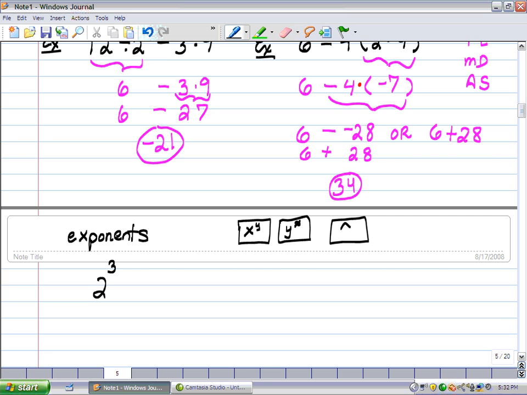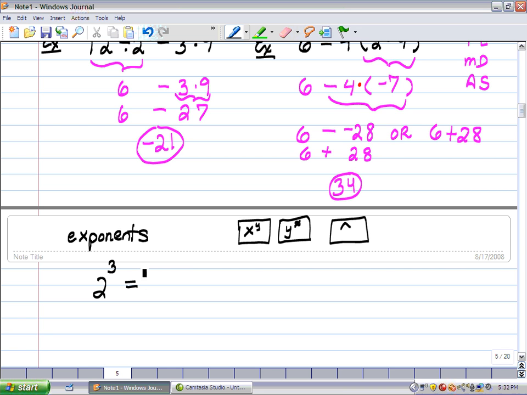So you'll probably have one of those 3 buttons. If you have a scientific calculator, you probably have one of the first 2, although more and more of the newer calculators are starting to use the caret. The caret is also on the graphing calculator. Okay, but let's do this one by hand.